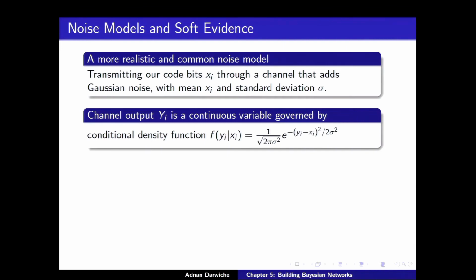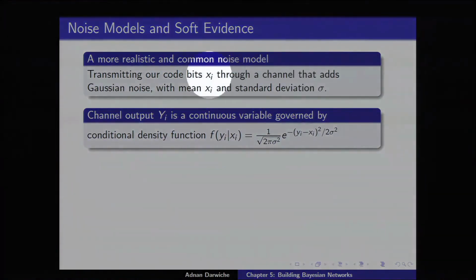So I'll show you the equations, the derivations are in the book. The channel output is y, a continuous variable governed by this conditional density. That's the Gaussian equation effectively. And there are three variables here: the mean x, that could be a 0 or 1, what I'm seeing, the evidence y, and then the standard deviation.